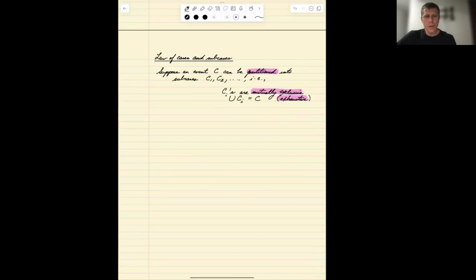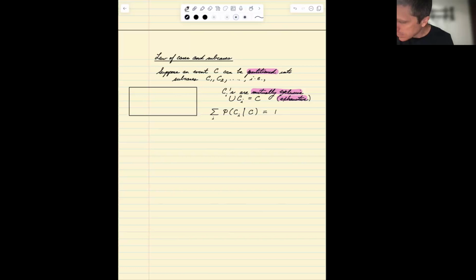And so what we can see then is if we were to sum up over all of the conditional probabilities of each individual subcase given C, they would add up to 1. So let's visualize this a bit. As usual, we have omega.